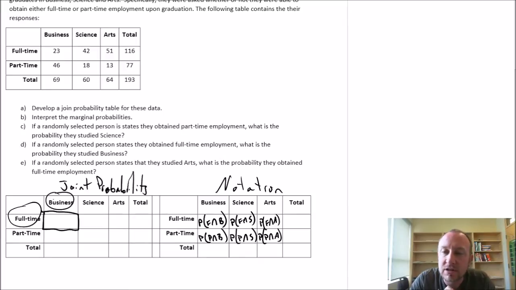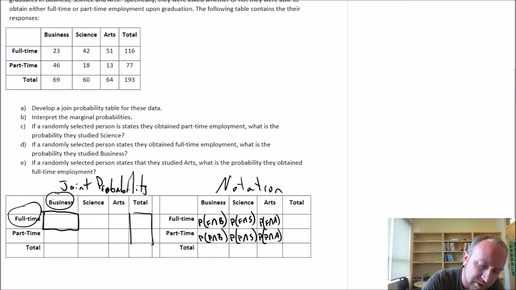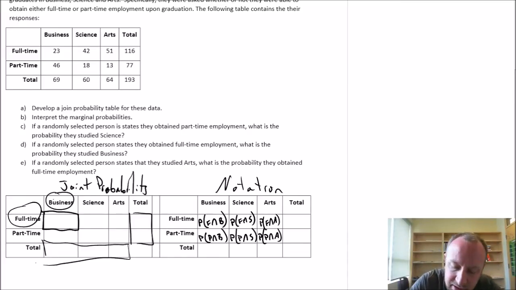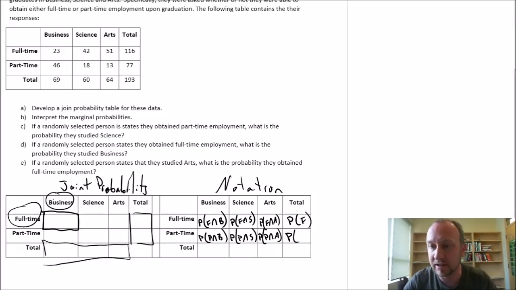Now, the marginal probabilities are those things that are going to go here and here. Those are, in this case, the probability that a randomly selected graduate obtained full-time employment. Over here, this is the probability that a randomly selected graduate has part-time employment.